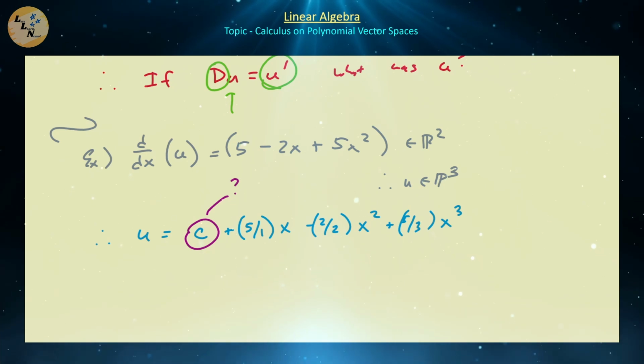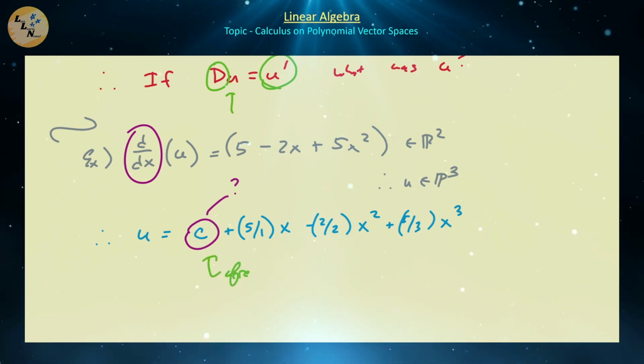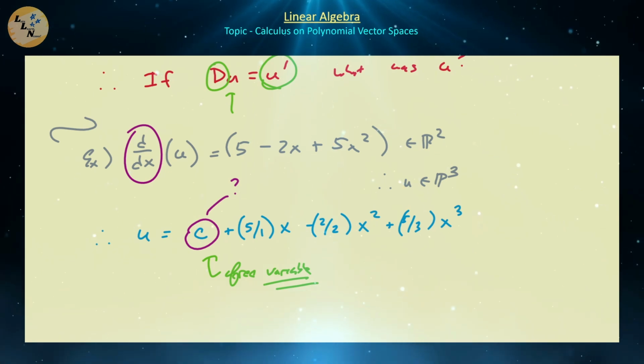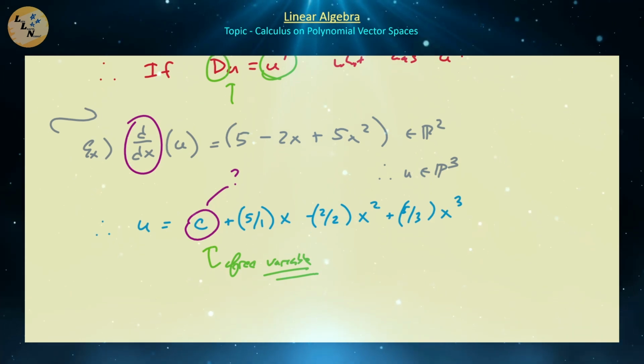You should be able to show that the set of constant functions actually forms the null space of this particular derivative matrix. So what do we have here? Well, c obviously is a free variable, which you should be able to conceptualize at least from the numerical perspective. But what is the matrix that actually has the constant column as the free variable?